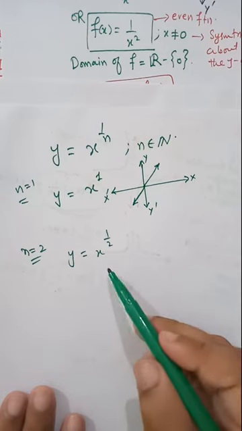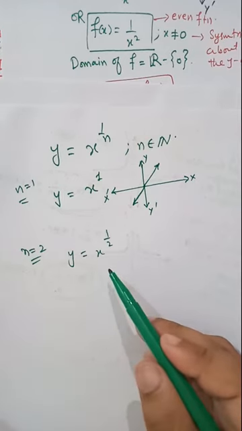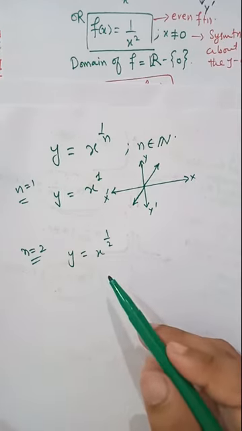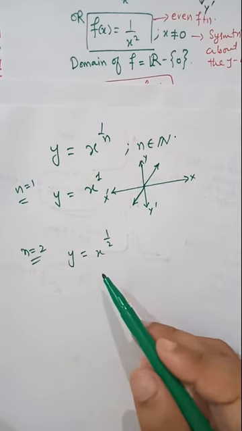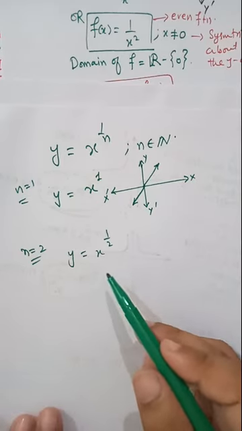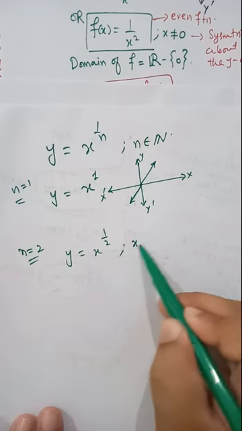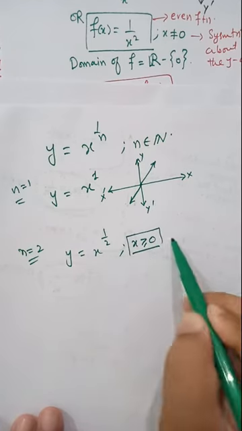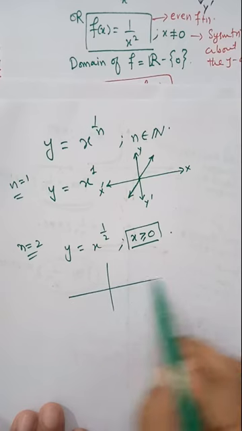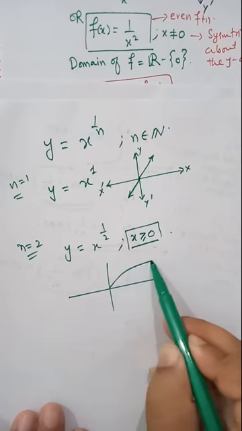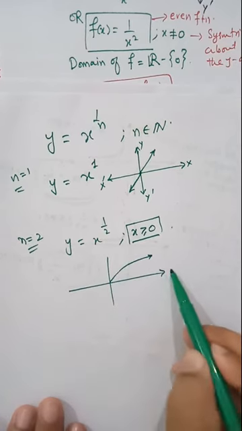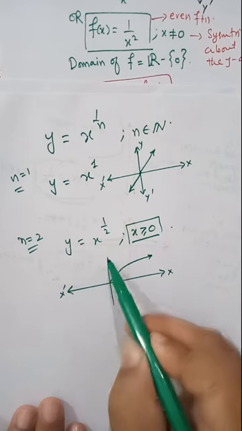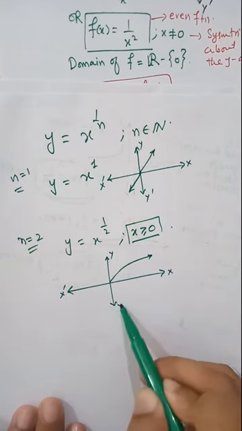For square root functions, remember that the domain must be the positive set of real numbers. So in this case, x is greater than or equal to 0. You must mention this. So the graph of this function is in this shape. This is the x-axis, this is the y-axis.